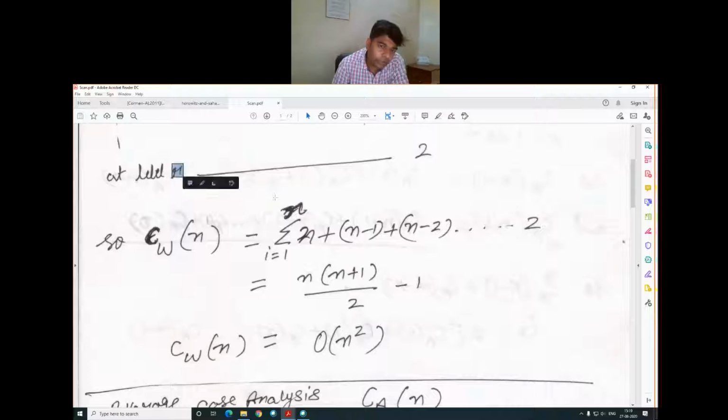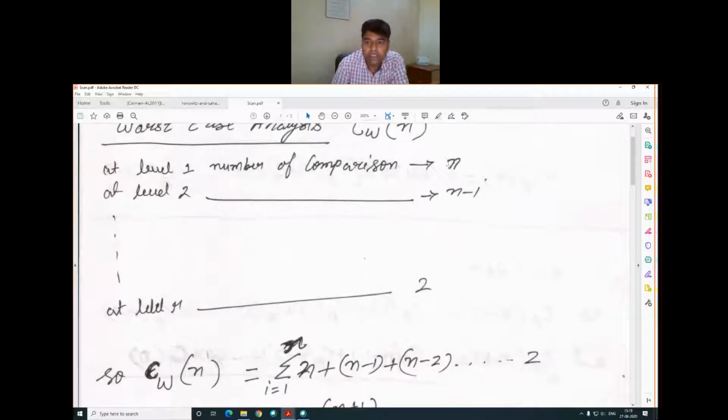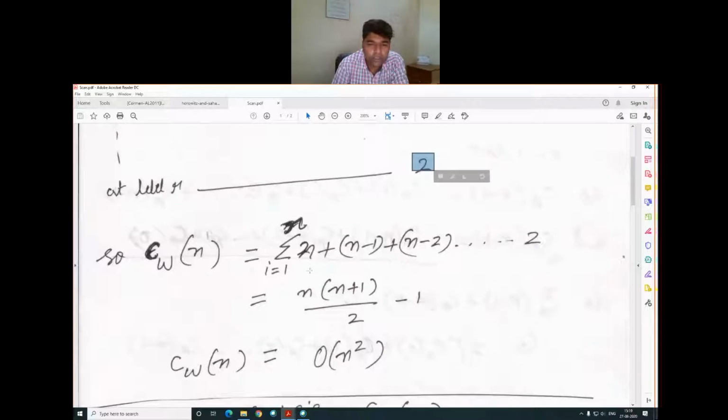Initially we have n, then n minus 1, up to 2. So we add n, n minus 1, n minus 2, up to 2.